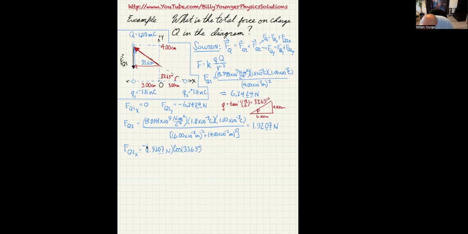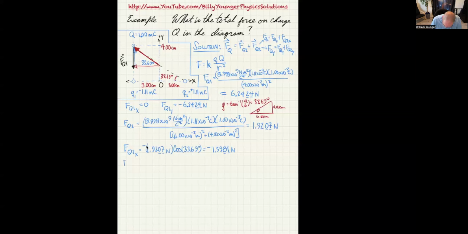So I'm going to say 1.9207 times cosine 33.69 is equal to, remembering my negative sign, negative 1.5981 newtons, again carrying two extra sig figs.